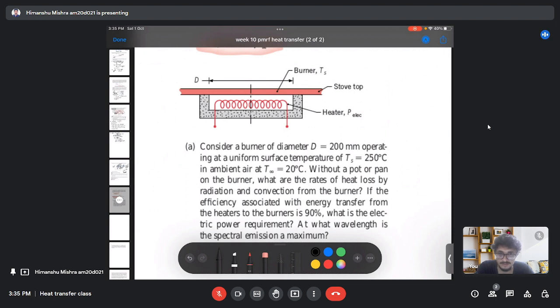Without a pan on the burner, what are the rates of heat loss by radiation and convection from the burner? If the efficiency is 90%, what is the electric power requirement? At what wavelength is the spectral emission a maximum?